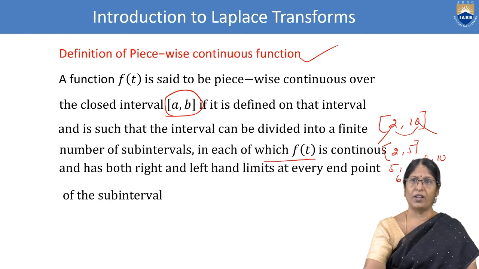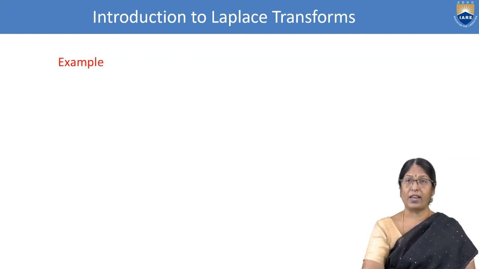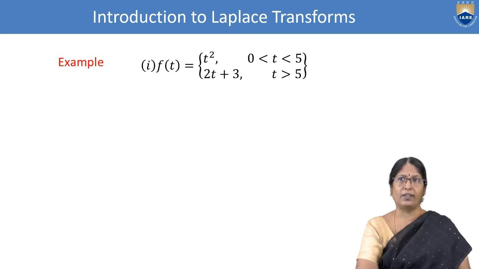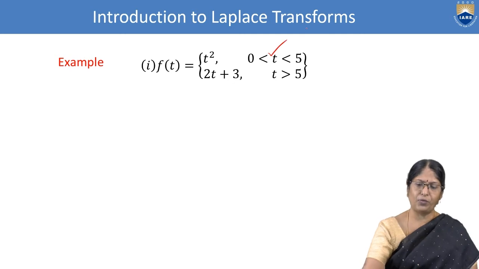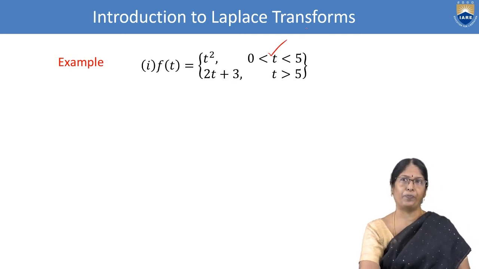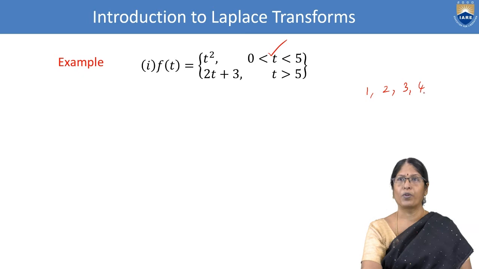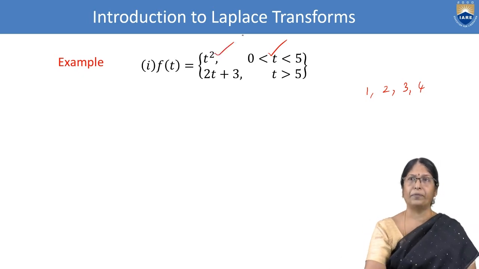So now, to understand more, here is an example of piecewise continuous. If t lies between 0 and 5, we can take 1, 2, 3, 4. The function is t square.